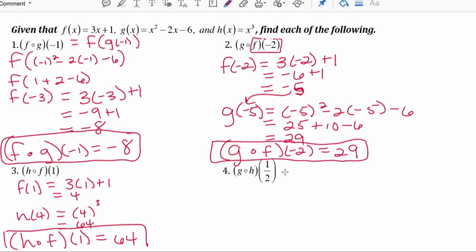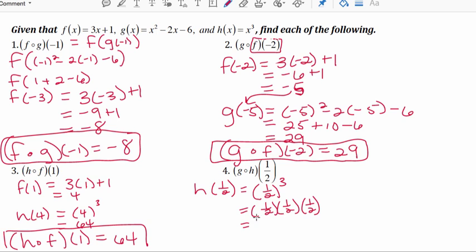And then lastly, we have g of h of 1/2. And I'm going to put my 1/2 into h first and get an answer. And then once I get that answer, I'm going to substitute it into g. So my h function is x cubed, so we'll have 1/2 cubed, and 1/2 cubed expanded out is 1/2 times 1/2 times 1/2.